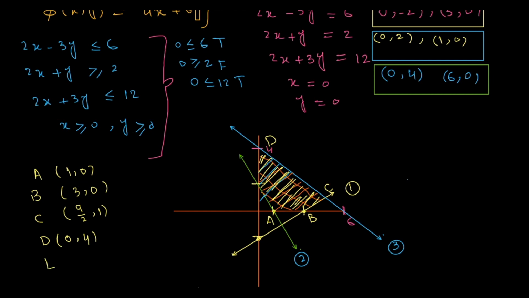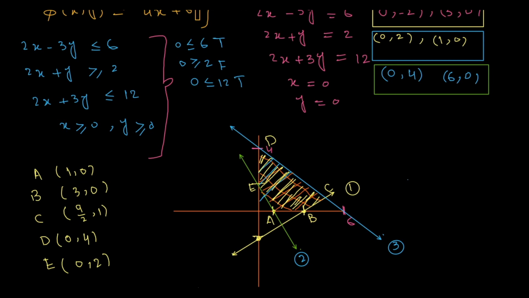Also there is another point, which is the point E, and that point is 0, 2.